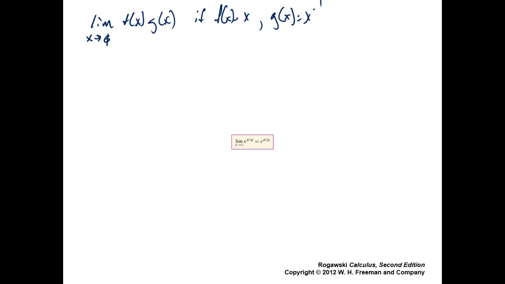So I don't know if they did that in the back. I'm guessing they probably didn't, but let me look and see. 2.3. Yeah, they wrote them all out.